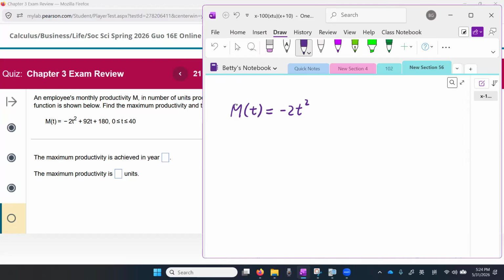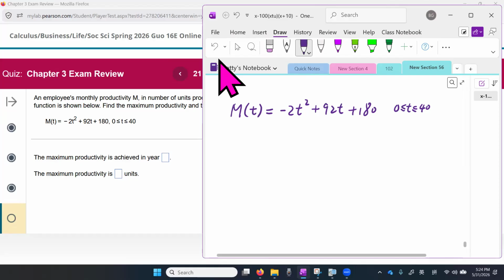Negative 2t squared plus 92t plus 880, where t is bigger than or equal to 0 and less than or equal to 40. So your t has to be within that interval. Otherwise, you have to consider the 40 here. Of course, you can use the derivative, right? It's going to be very convenient.